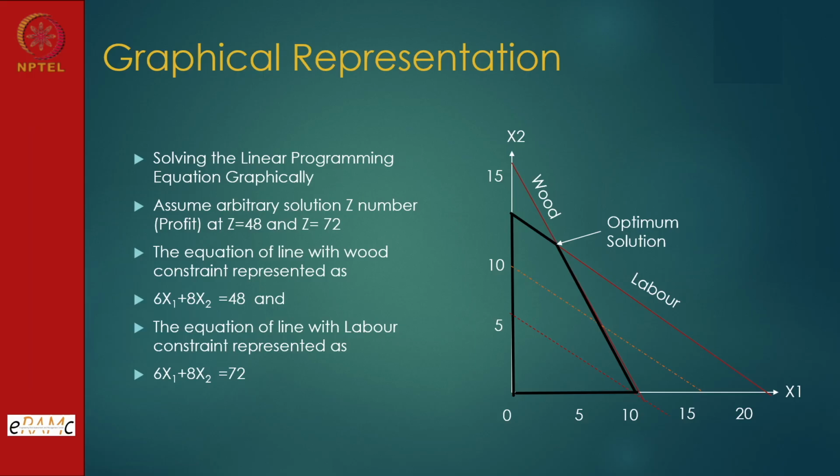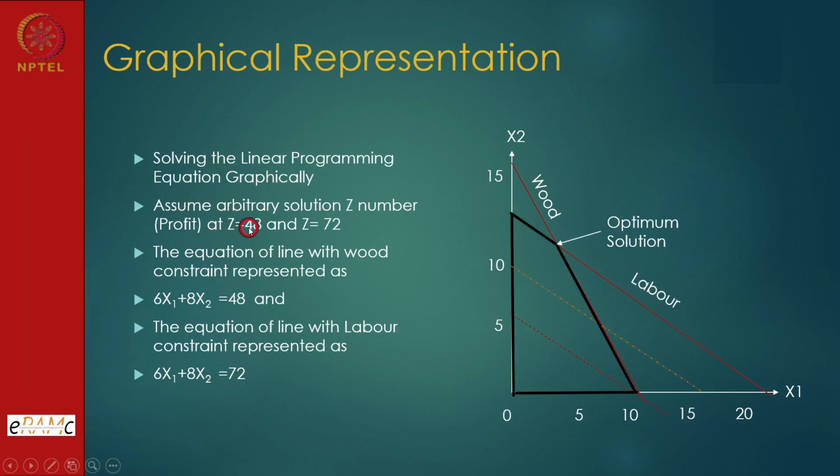But before that, if we plot these, we have the wood line here and the labor line here. Where they intersect is called the optimum solution. This is x1, that is table, and this is x2, that is chair. Solving the linear problem, we assume arbitrary solutions.